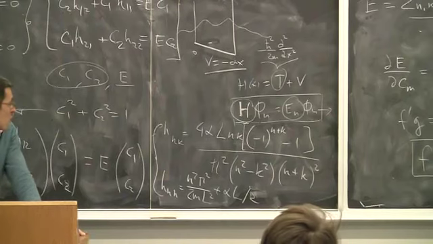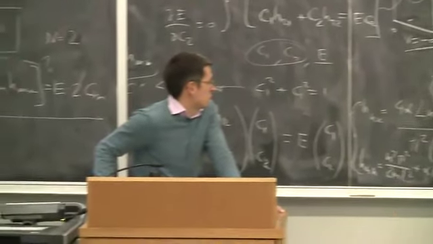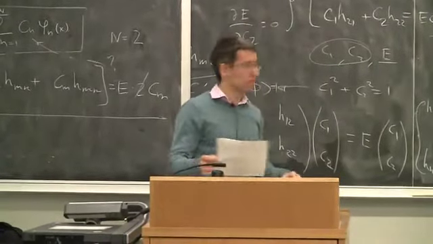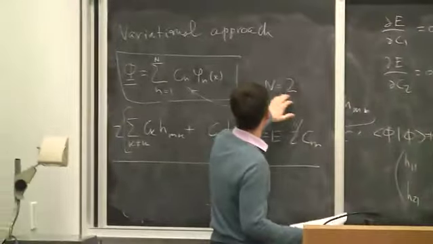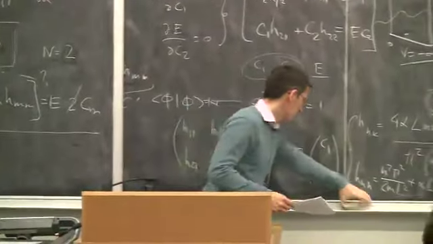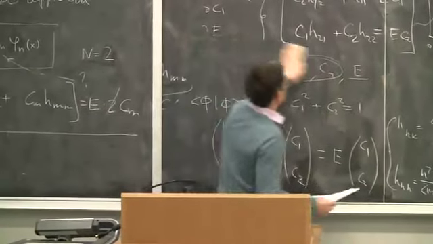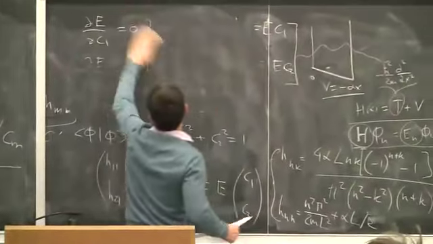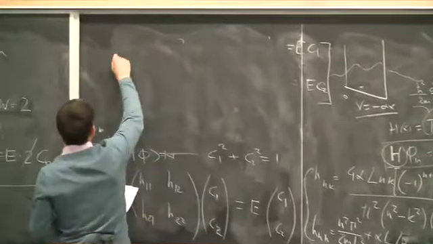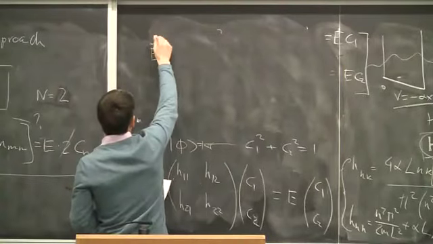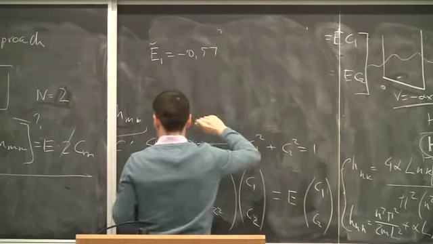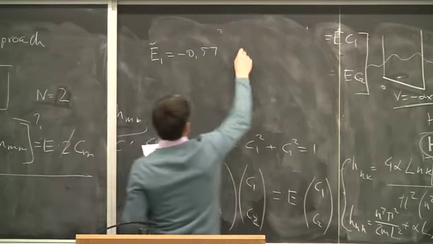In the notes, I also provided you with the results of calculations when we put two functions in this expansion. With two functions in the expansion, we're approaching the energy, so this is all going to be approximate: minus 0.57, and that's n equals 2.